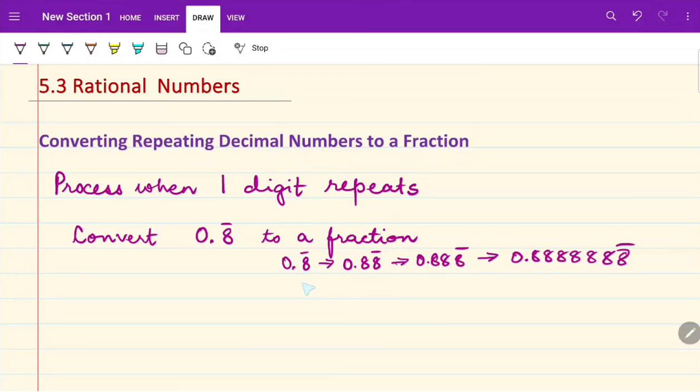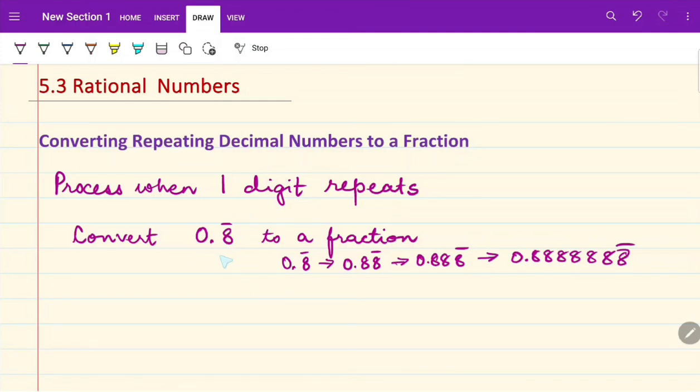Now, when we want to convert a repeating decimal to a fraction, the goal is to shed the decimal part of the number. Because we call that a fraction, we will end up having a numerator and a denominator, and both should be integer values. There should not be any decimal part in the numerator or in the denominator.